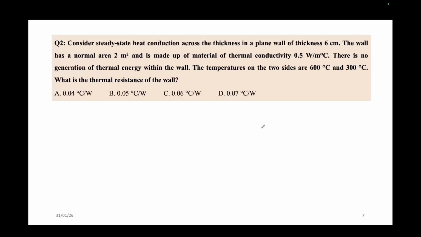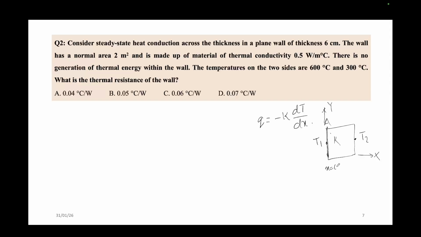So I think I forgot to tell you that this q is minus k dT by dx, right? Consider it is a block. If the cross-sectional area is A, this is k, this is your T1, this is your T2, it is in the Y direction, and this is the X direction.